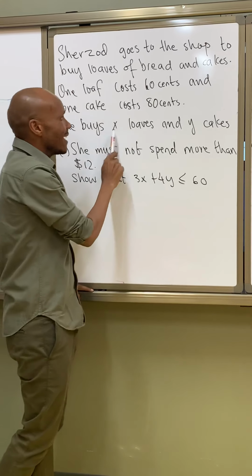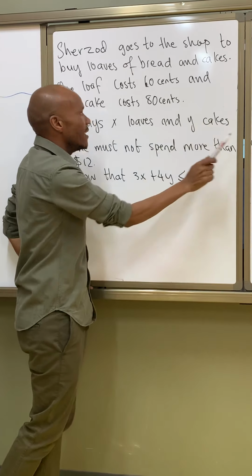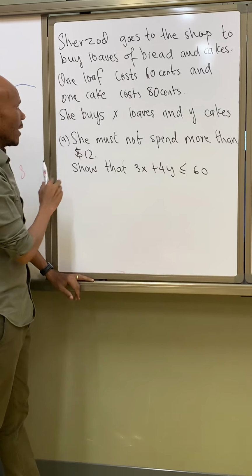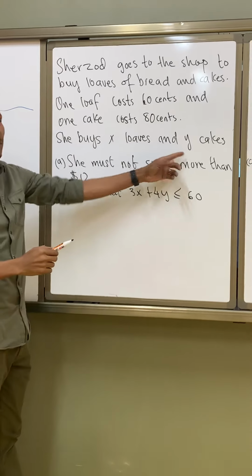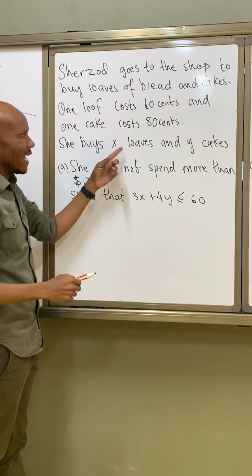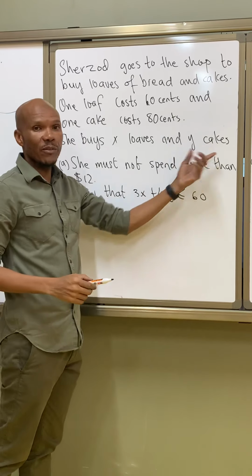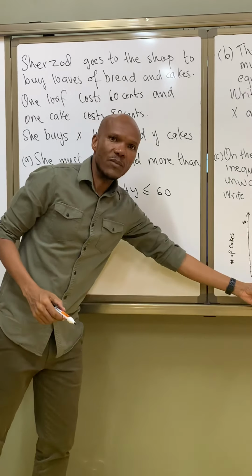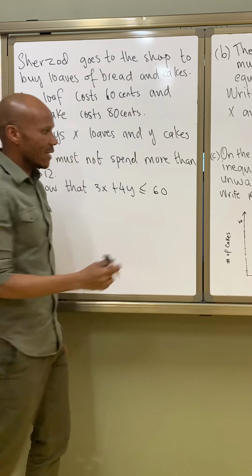She buys X loaves and Y cakes. So already our variables are identified. We know that X will be for loaves and Y will be for cakes.